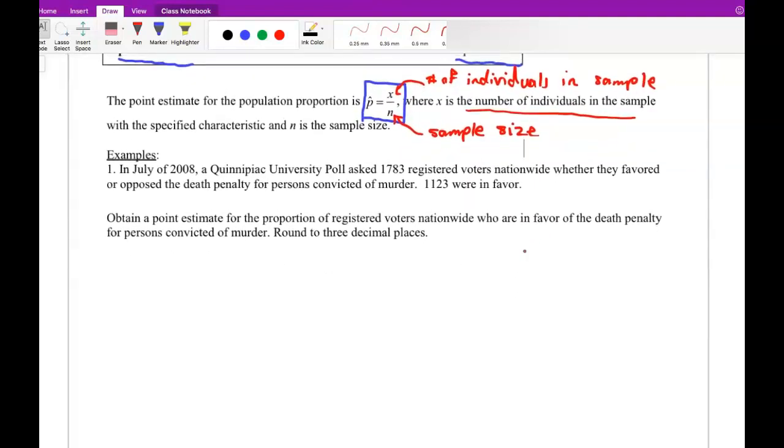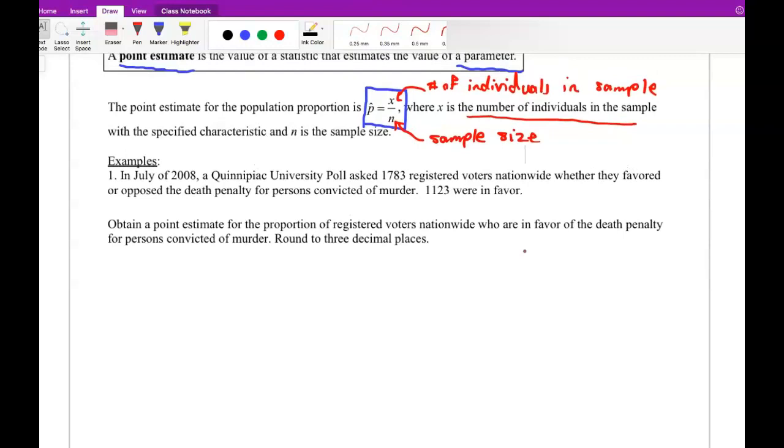Now example 1. In this example, we have 1,183 registered voters, and they were asked whether they favored or opposed the death penalty for a person convicted of murder. Here we have the number 1,123 who were in favor.